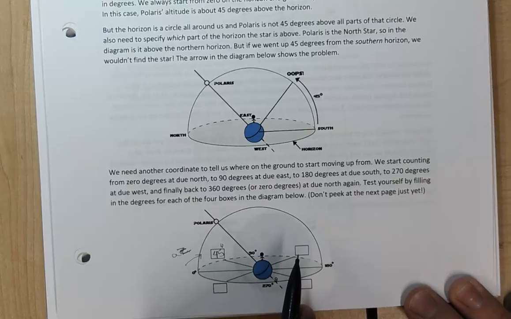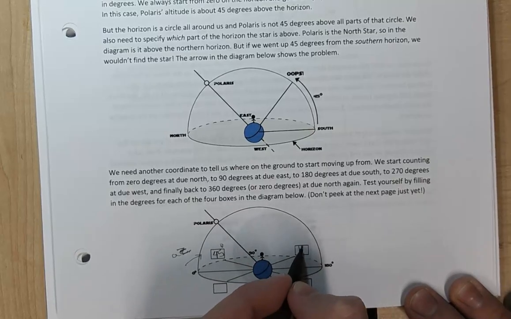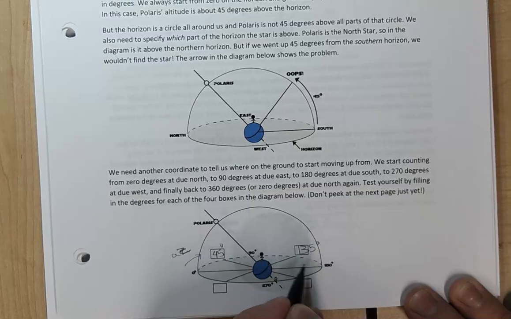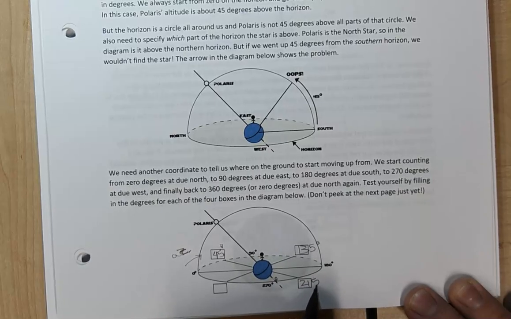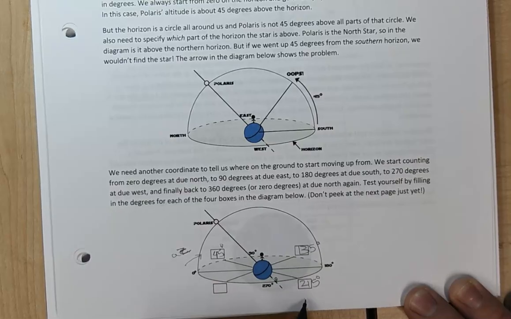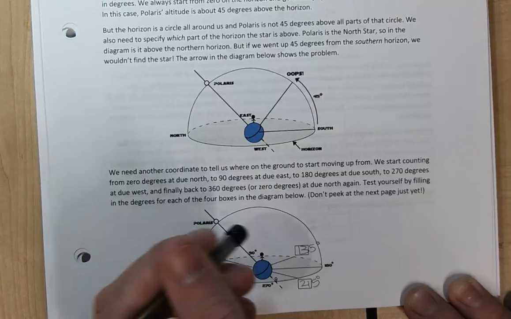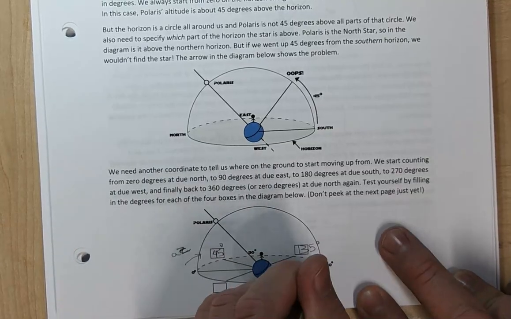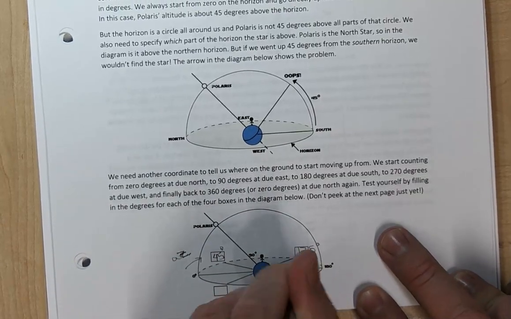Keep going: southeast must be 135 degrees azimuth. 180 is due south. Now we're in the southwest, and that's going to be 215 degrees. 225. I knew I was wrong there somewhere. There we go.